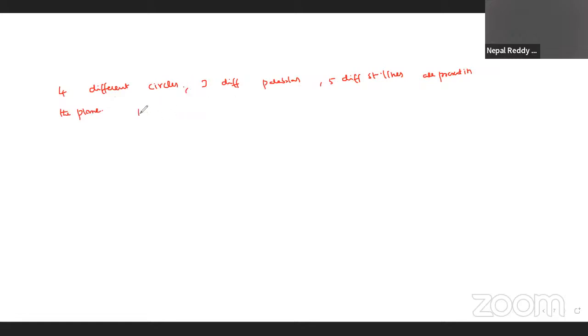The question is, find the maximum number of points of intersection.